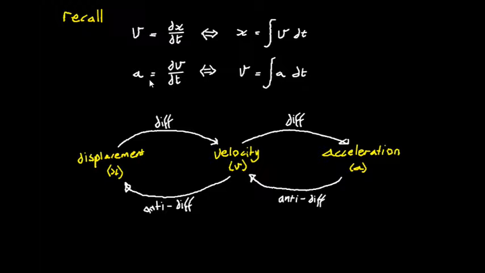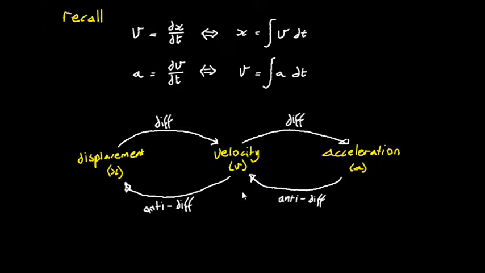So if we go backwards and we're given our velocity and we want to find our displacement, we can find that by finding the antiderivative of our velocity, which is going backwards. And same thing for acceleration. If we're given our acceleration and we want to find the velocity, we just find the antiderivative of acceleration.